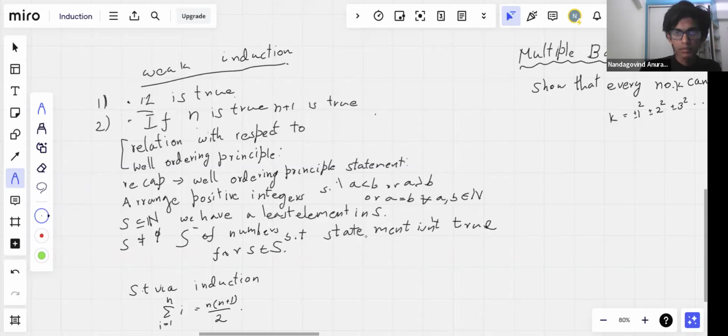My computer is missing strokes, but okay, cool. So let's consider this set S of numbers.